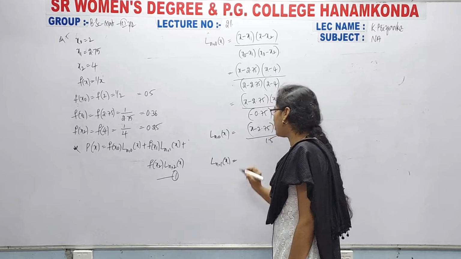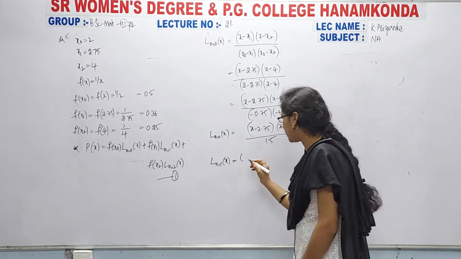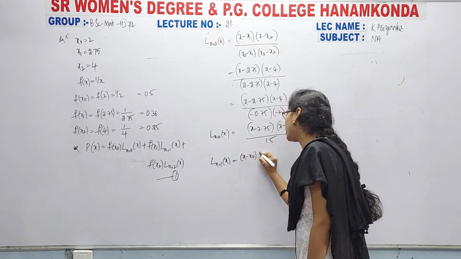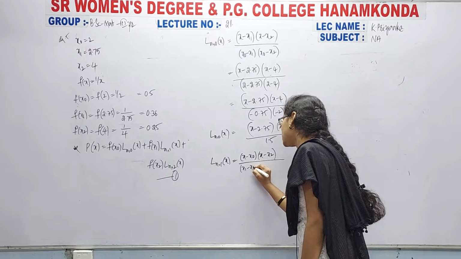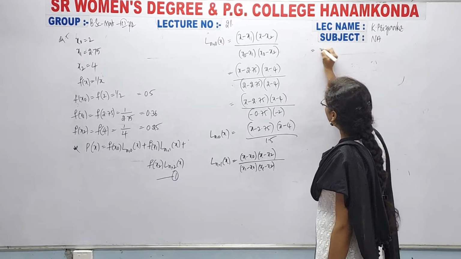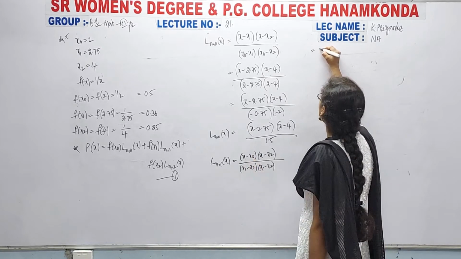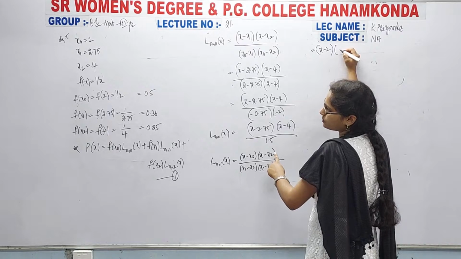and L of n comma 1 of x. What is the formula for this one? Here we have to ignore x1 in the numerator, then x minus x naught into x minus x2 by x1 minus x naught into x1 minus x2. So x minus x naught means x minus 2, x minus x2, what is x2? 4.